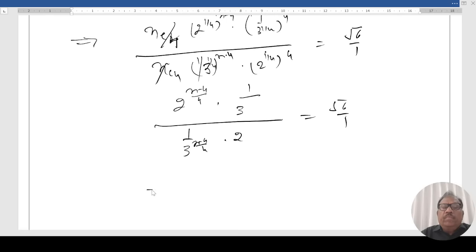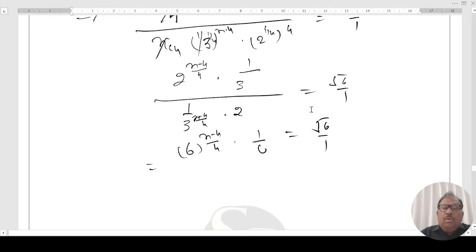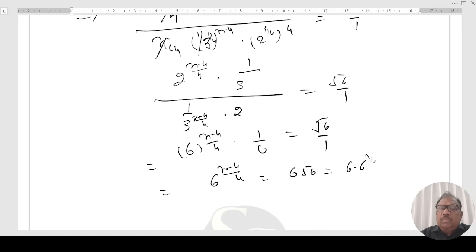On simplification, we get, 2 goes to the other side, so this becomes 6^((n-4)/4) into 1/6 equal to root 6 is to 1, that is 1 by root 6 to 1. On simplification, 6^((n-4)/4) equal to 6 root 6. That is 6 into 6^(1/2). That is 6^(3/2).